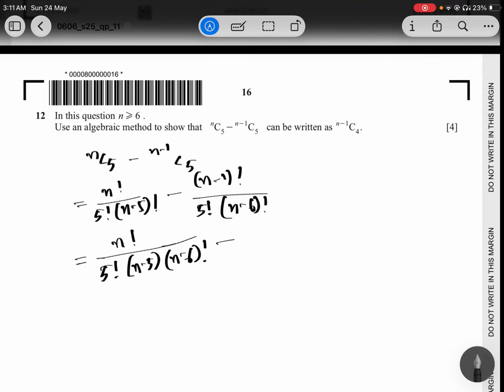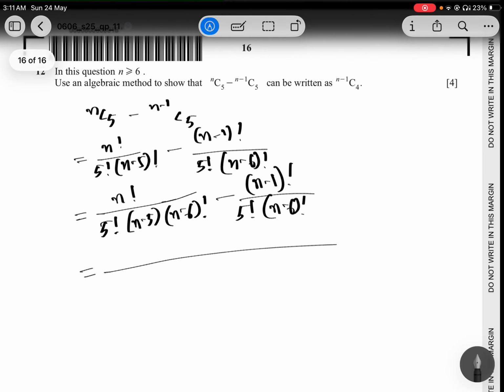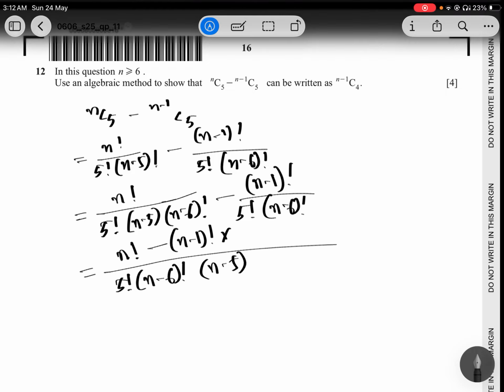So make it this way: n minus 1 factorial, 5 factorial, n minus 6 factorial. So our LCM should be 5 factorial, common n minus 6 factorial and n minus 5. So first, n factorial minus n minus 1 factorial times n minus 5.